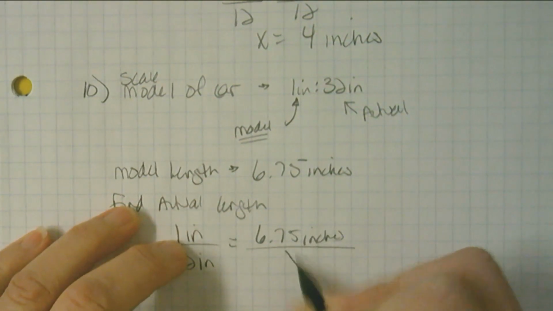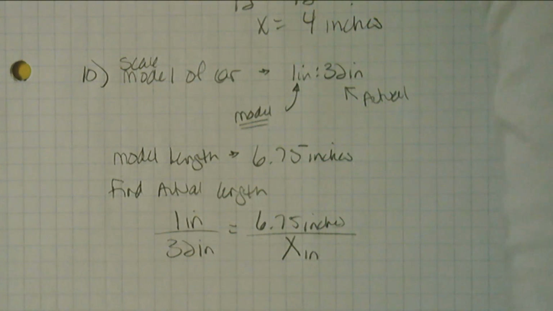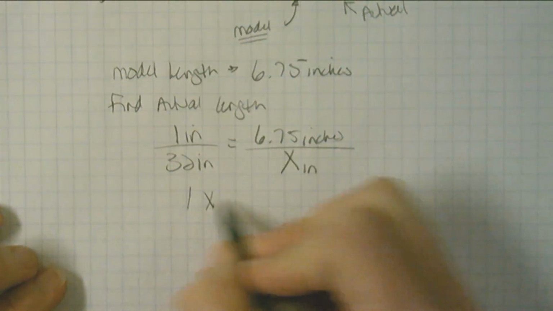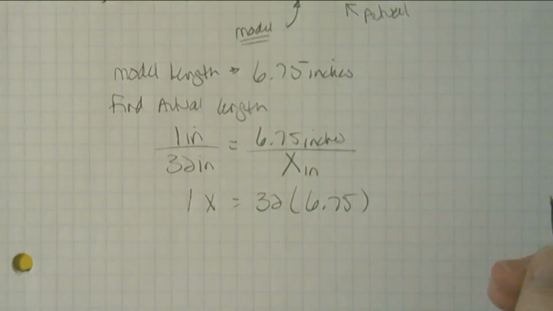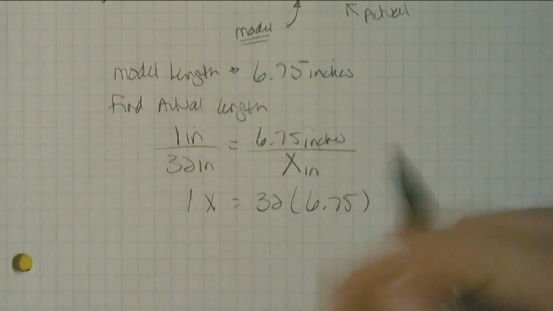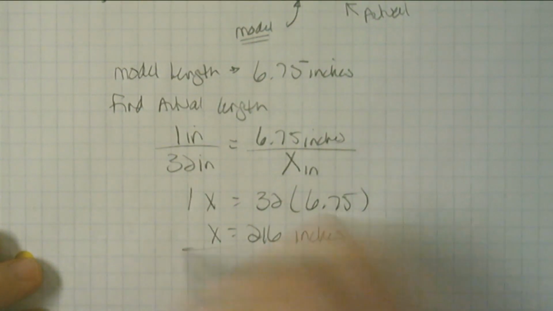I don't know my actual, which is going to be x inches. So are you cool with that? So now I'm going to do my cross multiplication. I have 1 times x is equal to 32 times 6.75. I'm going to go ahead and do that multiplication. 6.75 times 32. This gives me x is equal to 216 inches is my actual.